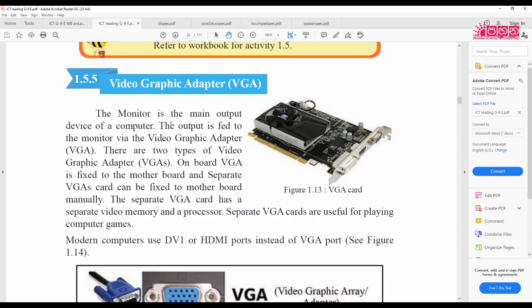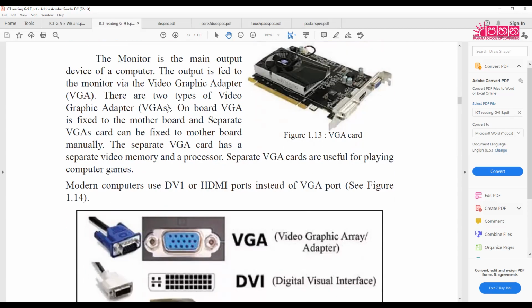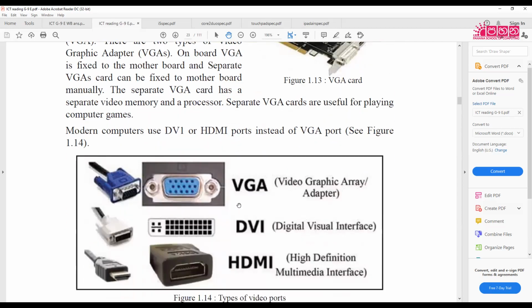Now, when we say interfaces, in the early days we had what we call VGA. The port looks like this. And the recent one we call HDMI. The new computers now have HDMI. Some machines have both VGA and HDMI.